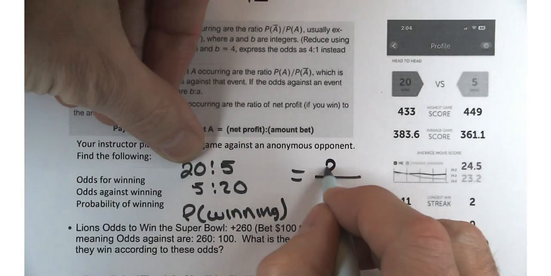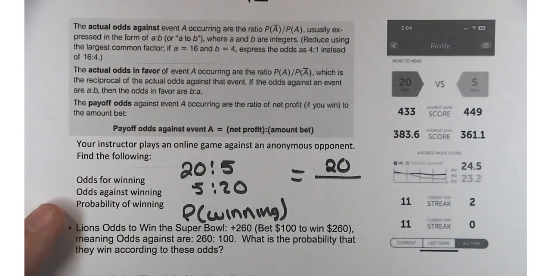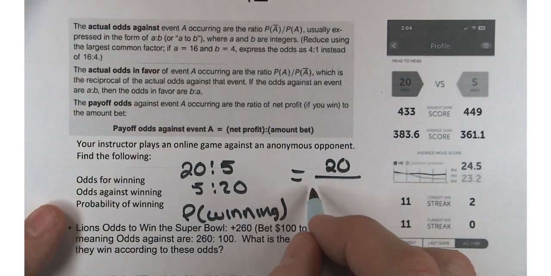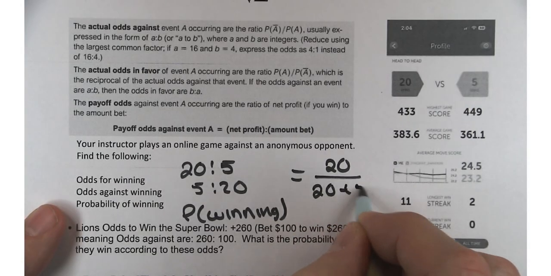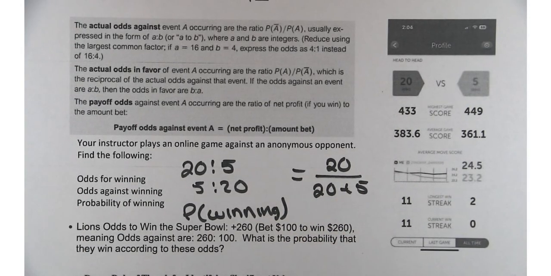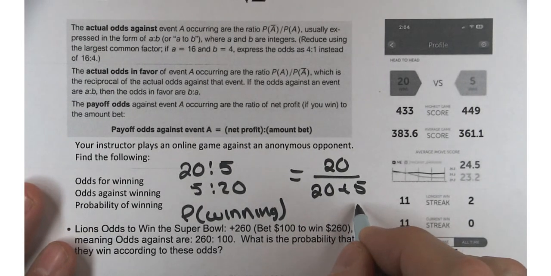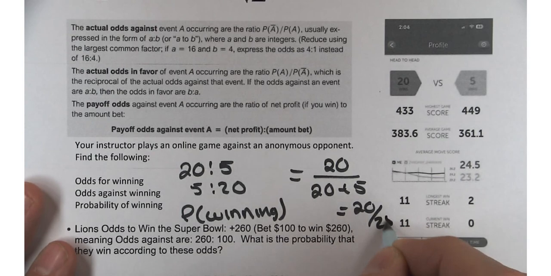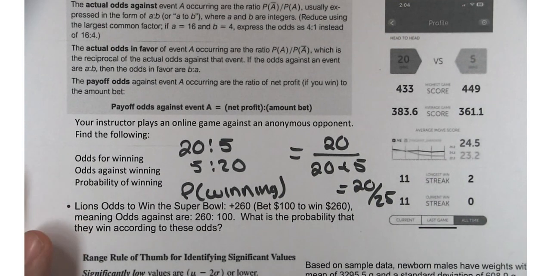That's the number of ways I can win. But in the denominator, what do I need? The total. 20 plus 5. So you need both of those together. So the chance of me winning is going to boil down to 20 over 25. That's the chance of me winning.